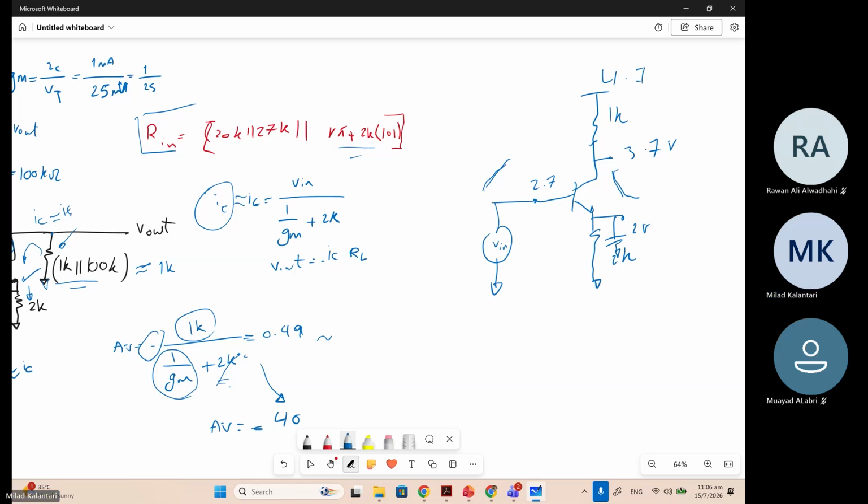The cutoff. It reached the VCE sat, right? Because the VCE is initially what? The VCE is initially, let's say, 1.7 volt, right? Do you remember? Initially, when there is no input signal, the DC value of VCE is 1.7 volt, right?